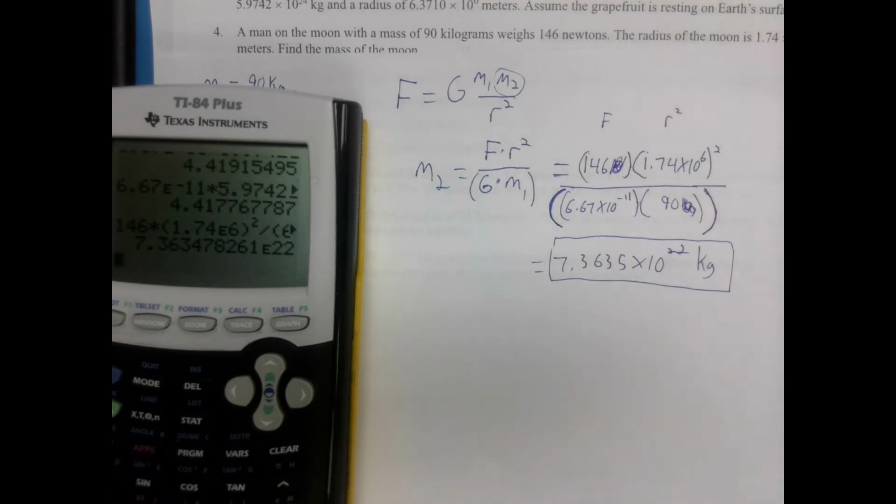So you can figure out the mass of an entire planet just by knowing its radius, how much an object on the surface weighs, how much you weigh, and how much mass you have. So if you knew the radius of a planet, you can take an object and weigh its mass and its weight in newtons, and you can calculate the entire mass of the planet.